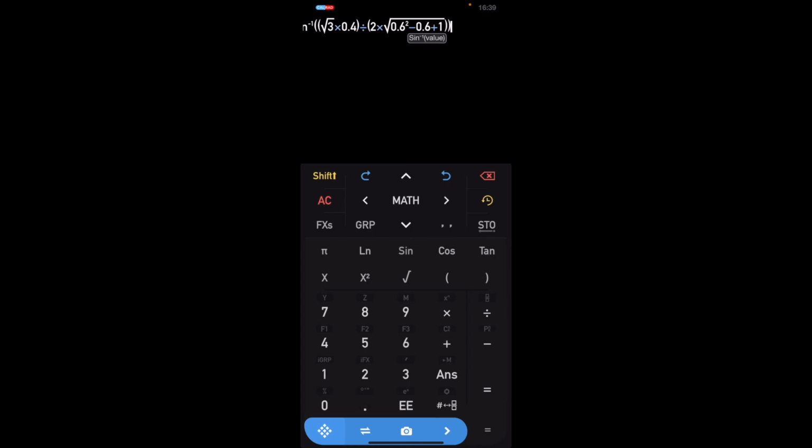And then we close our bracket. That gives us an answer of 0.068 radians.